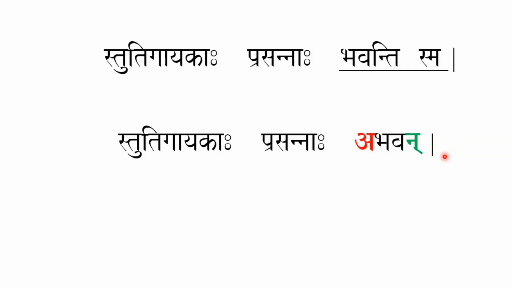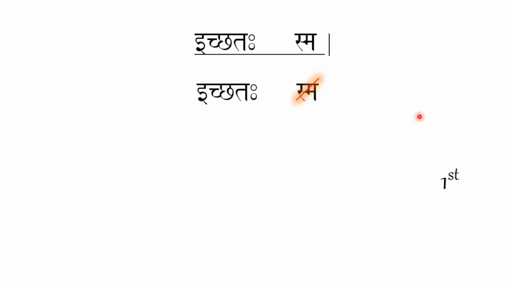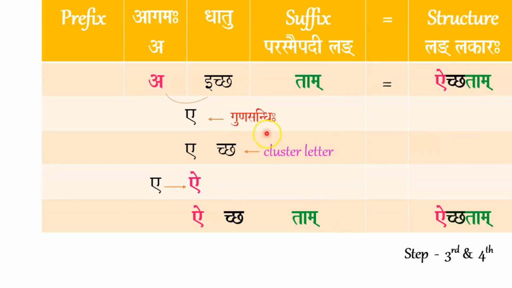Let's move on to our seventh example. Here, Ichhataha Sma becomes Aichhatam. First, Sma Avyayam is cancelled. After that, the ending present suffix taha is replaced by tam in past tense. And then the rule of sandhi is checked. Here, after letter a, the letter i has come.